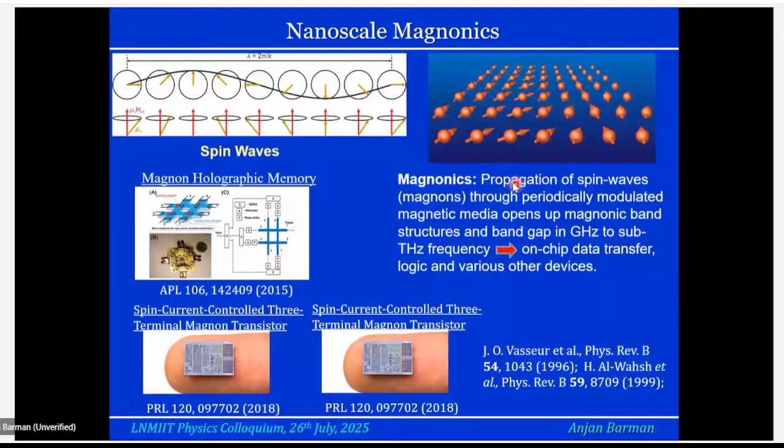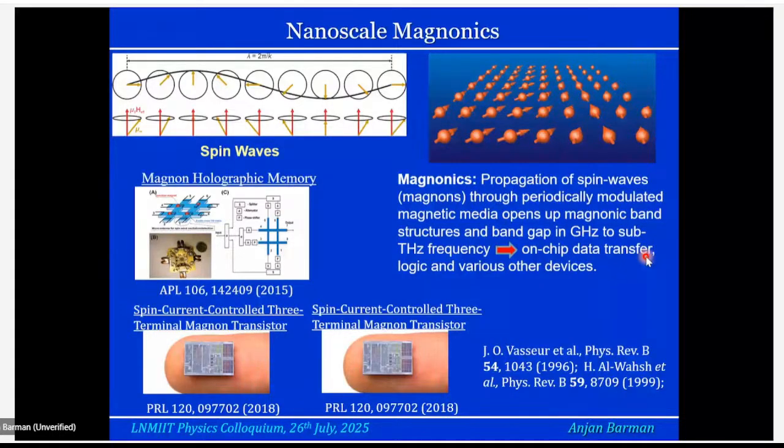We study the propagation of spin waves through this periodically modulated magnetic media. And that opens up the magnetic band structure and band gap in gigahertz to sub-terahertz or even terahertz frequency. So it can give you very fast on-chip data transfer, logic, and various other devices.